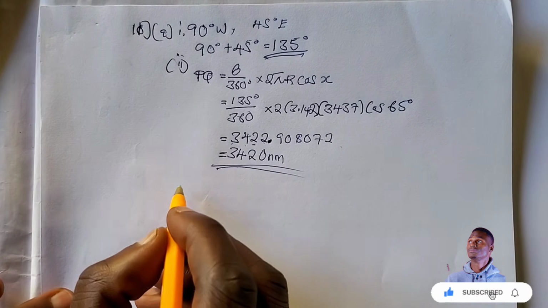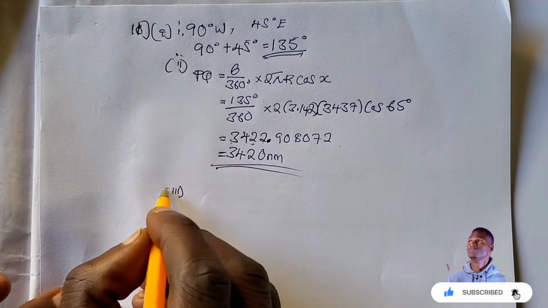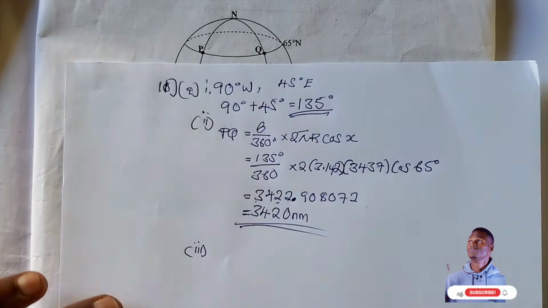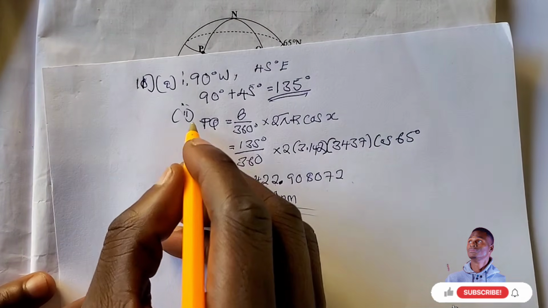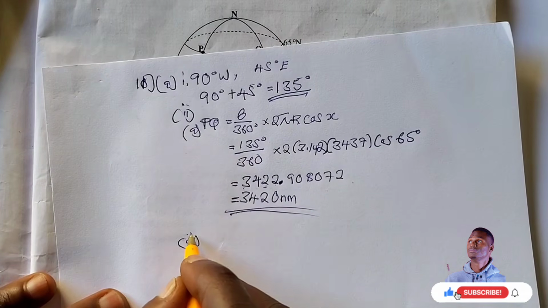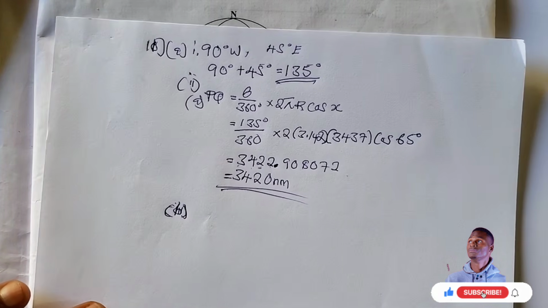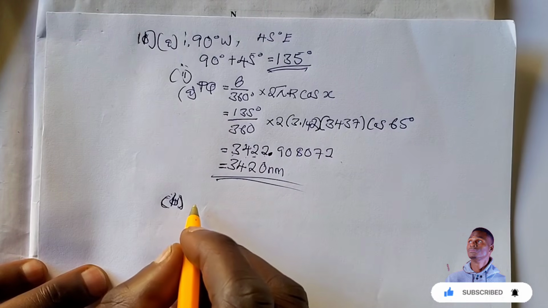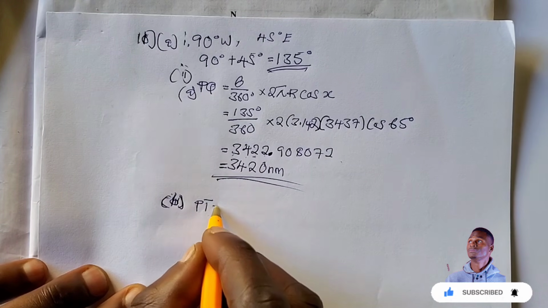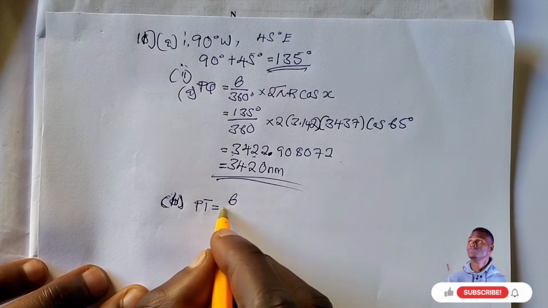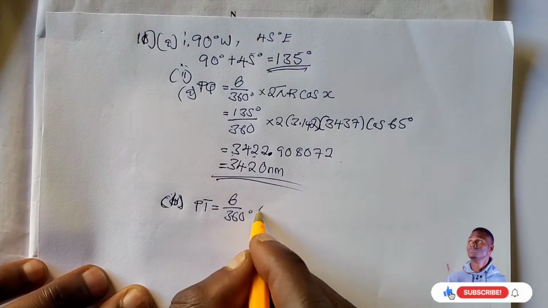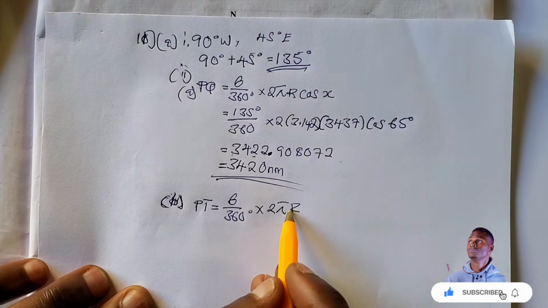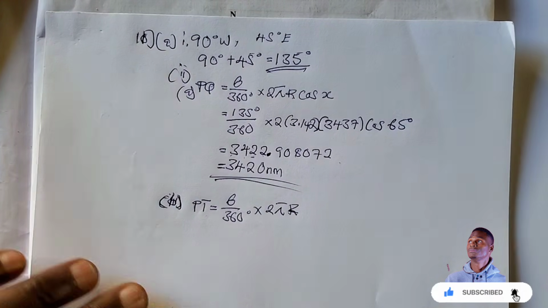The formula for distance along the line of longitude is PT equals theta over 360 degrees times 2 pi R. That's it, it's as simple as this.